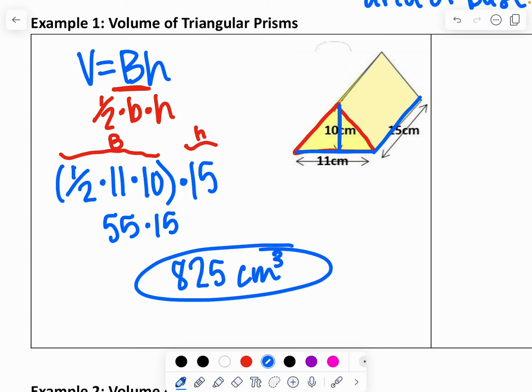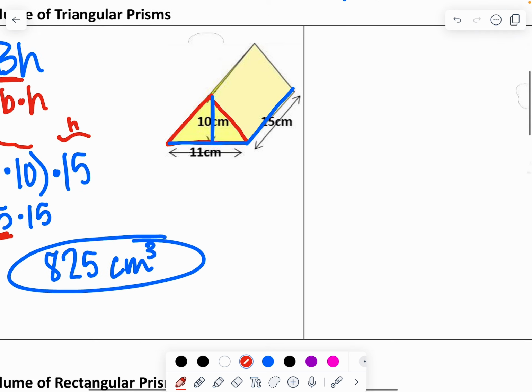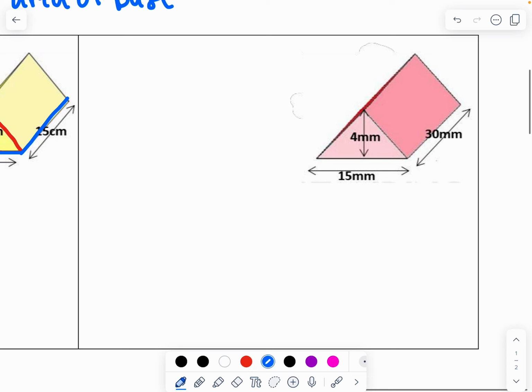So we multiply the area of the base by the height of the prism to get 825 centimeters cubed, which is the volume. So every time you're just finding the area of the base and then multiplying it by the height of the prism. So on this one, we're using V equals big B times little h.